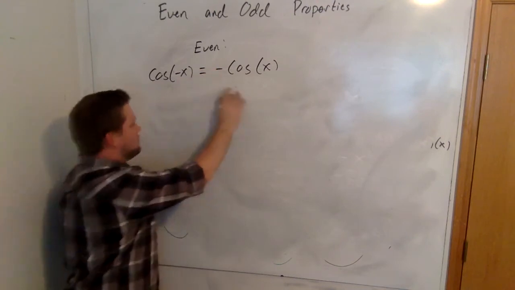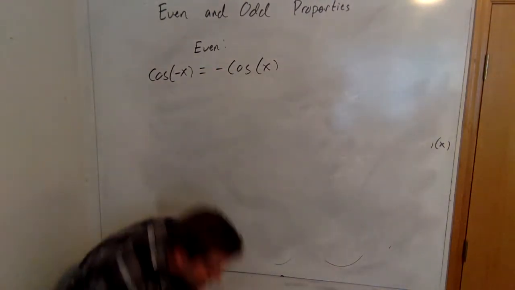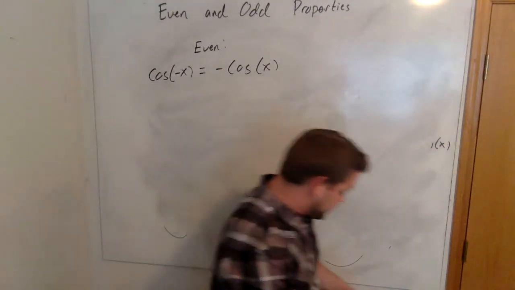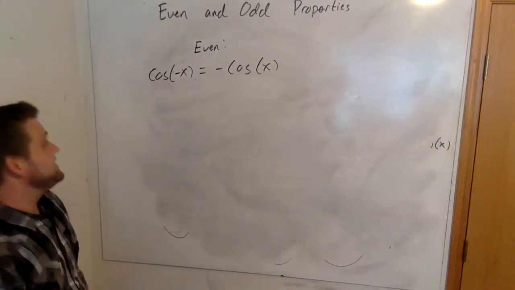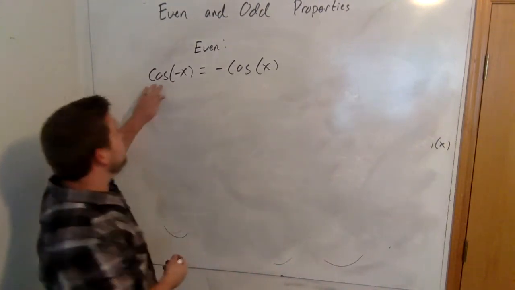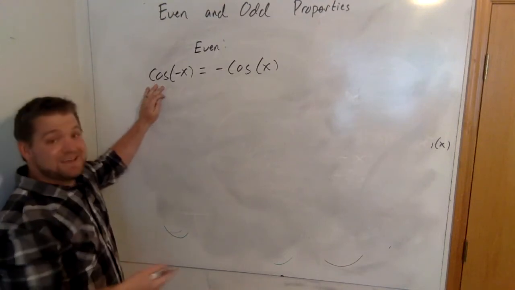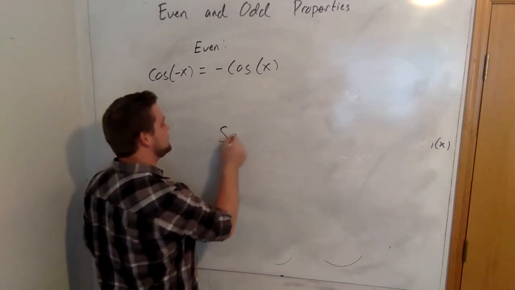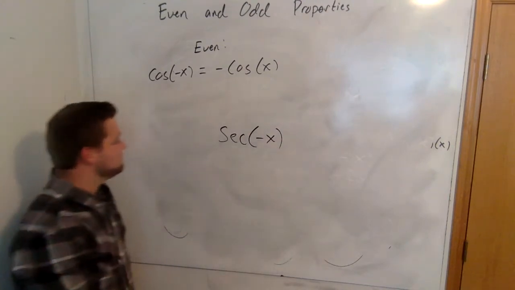From here we could take a look at the graphs of cosecant and secant, but we can quickly think about what other trig functions would also be even. If cosine is even, it's probably not a surprise that its reciprocal, secant, is also even. And let me show you that. If I do secant of negative x, let's see what happens.